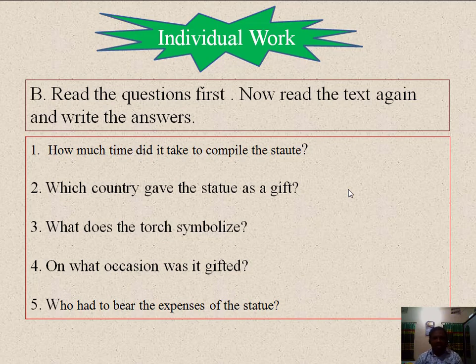The first question is, how much time did it take to compile the statue? Which country gave the statue as a gift? What does the torch symbolize? On what occasion was it gifted? Who had to bear the expenses of the statue?